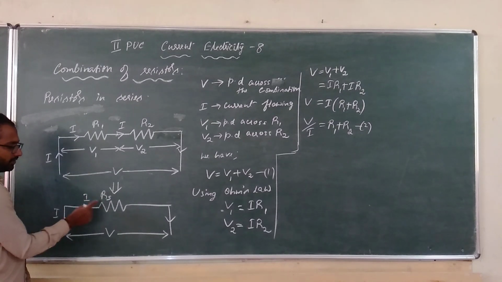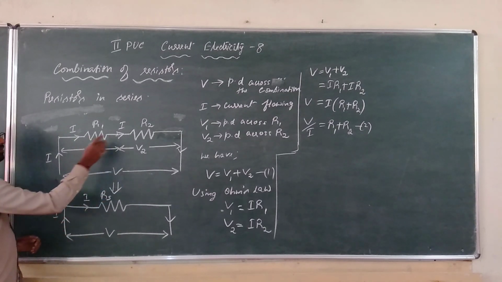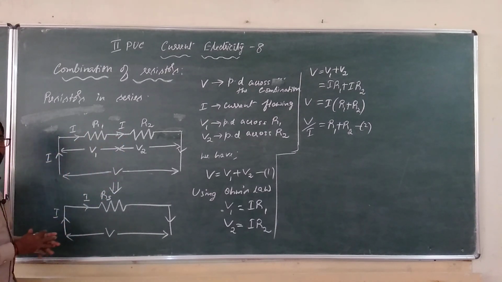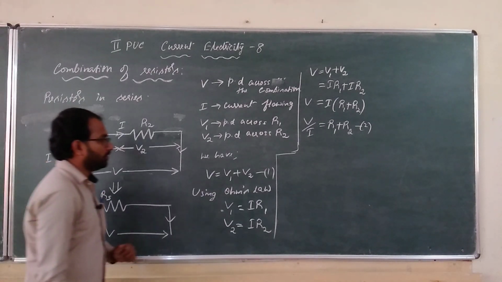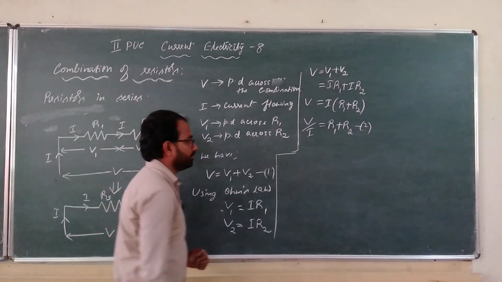Because now it is drawing the same amount of current as the combination does for the given applied voltage. So therefore this is the effective or equivalent resistance of the combination.